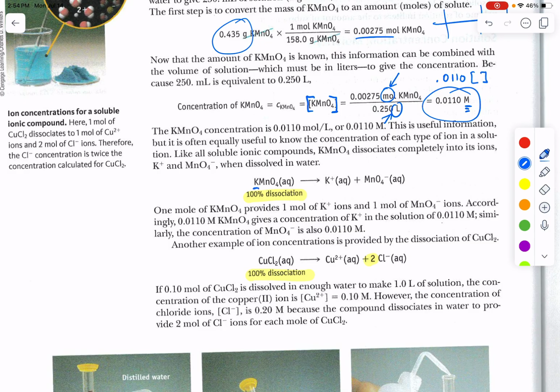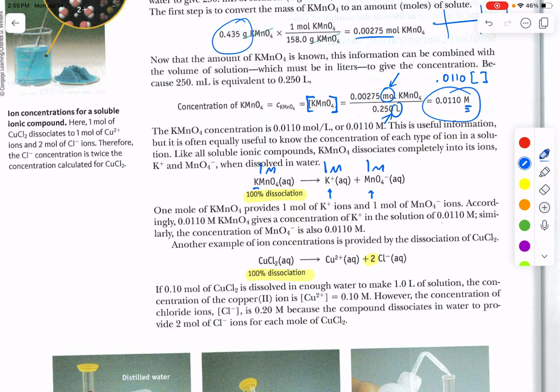And so every potassium and permanganate ion in the crystal is going to be surrounded by water molecules and separated from each other. And so if I have 1 mole of potassium permanganate salt and I put it in water, I'm going to get 1 mole of potassium ions and 1 mole of permanganate ions.